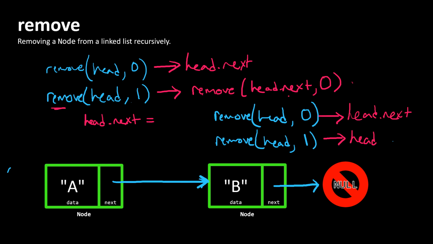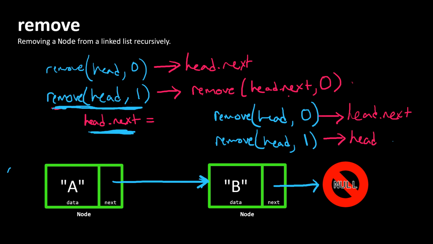The key intuition I just want to come back to one last time is when we are doing the recursive step, right? And we are trying to remove a node that comes after us. The key thing that we're going to do when we're not in our base case, when we're in our recursive case, is say, all right, I need to change my next value to be whatever is the result of calling remove recursively, right?